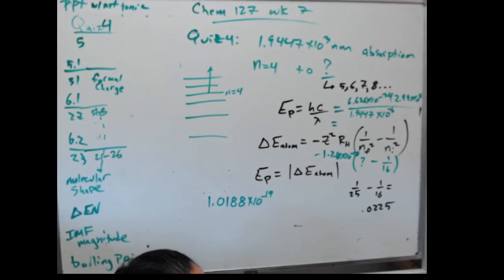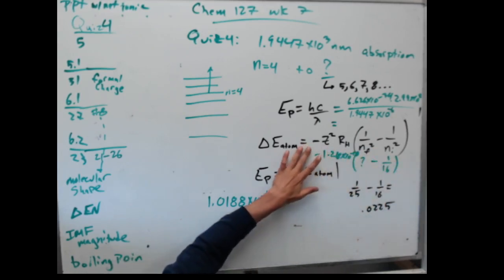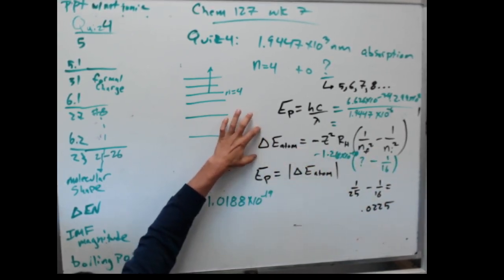Question? Will you ever have a correct answer that's negative? An n value that's negative? Well, I'm talking about the absolute value sign, making it so that we don't have that negative energy value anytime you have emission. The atom energy could be negative, right?